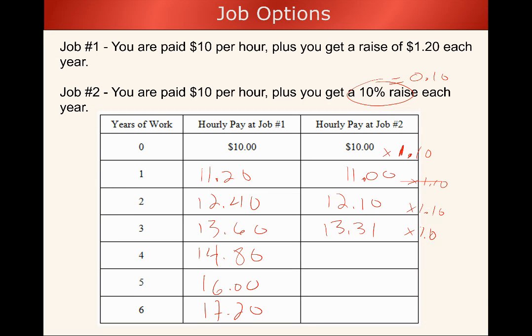Then $14.64, $16.10. Now for the first time we see job two is ahead. And then lastly I got $17.72 if I round it off. Each time all I've done to get the next one is multiply the previous value by 1.1.